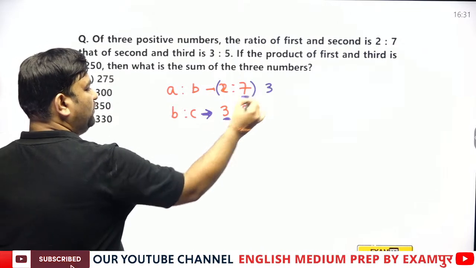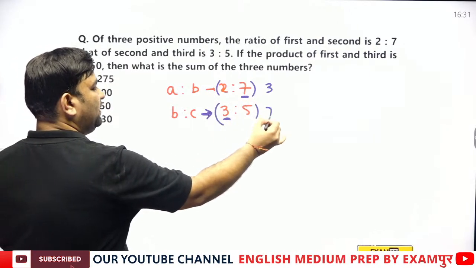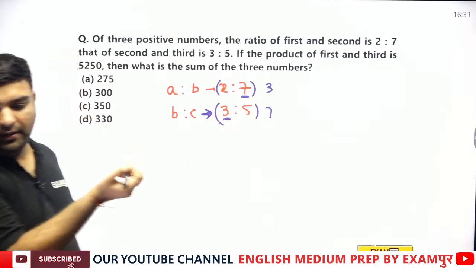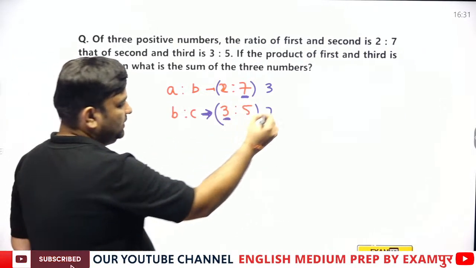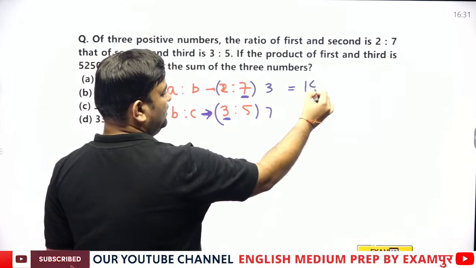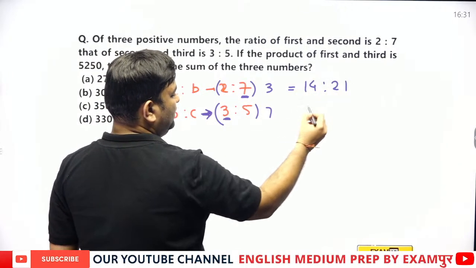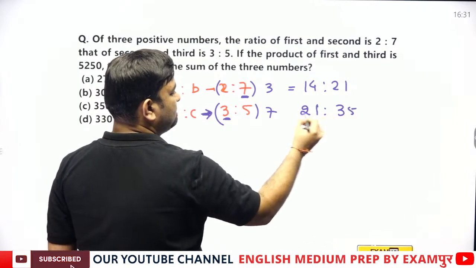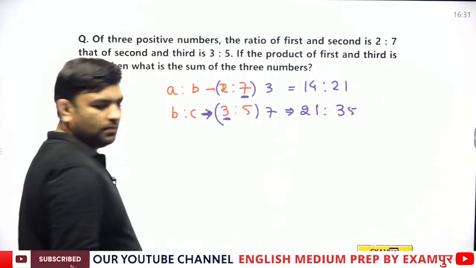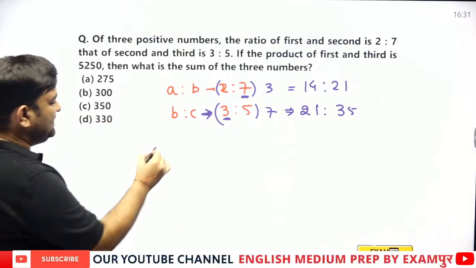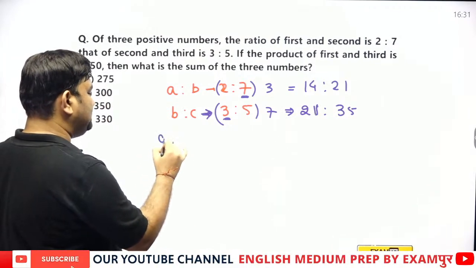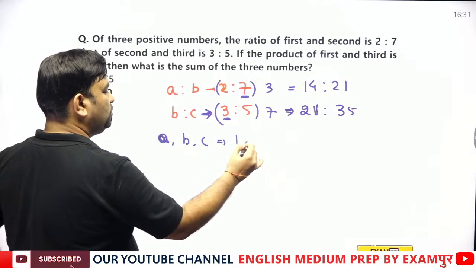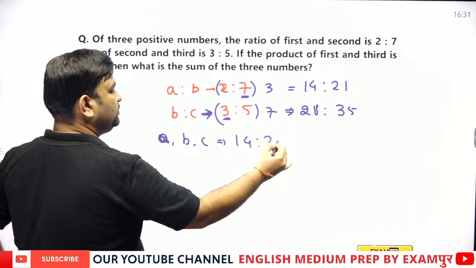Multiply it by 3 over here, multiply it by 7 over here to make it equal. Multiply by their inverse. So 21. So A, B, C are in the ratio 14, 21, 35.